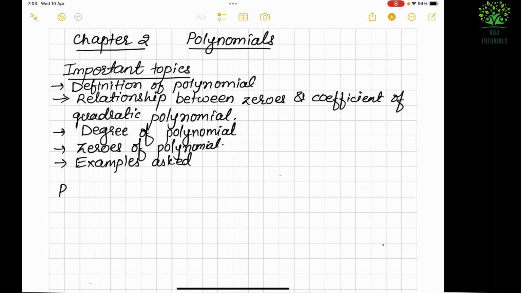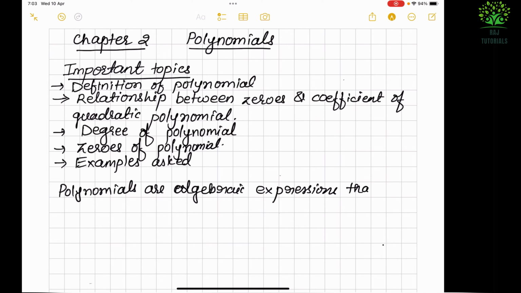See, simply, polynomials are algebraic expressions that consist of variables and coefficients.